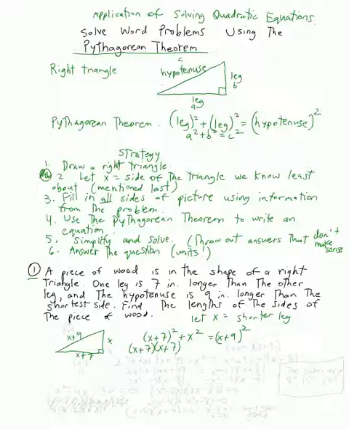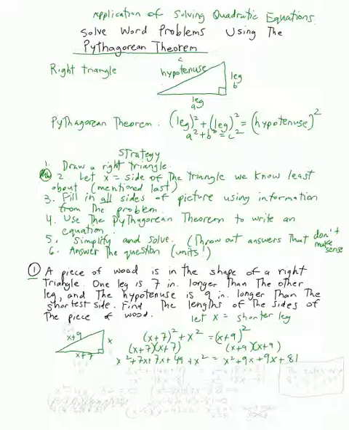I can't just square both terms. I end up with x squared plus 7x plus 7x plus 49, using FOIL, plus another x squared, equals x plus 9 times x plus 9, which is x squared plus 9x plus 9x plus 81.